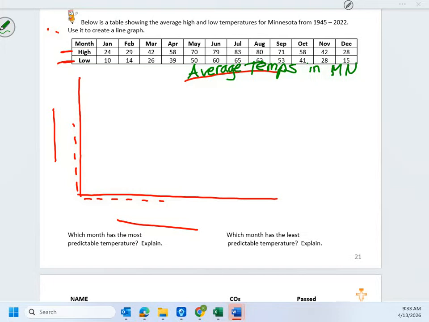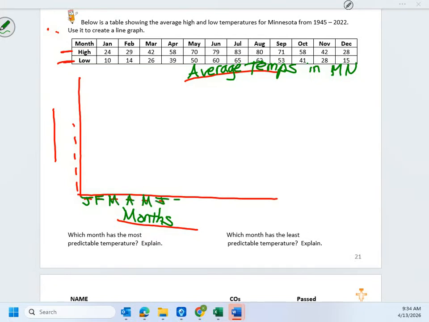Okay. What do you think I want to put on my x-axis? What do you think, Michael? Months. So we would put, starting with, you don't have to write out each word. You can write the first letter.